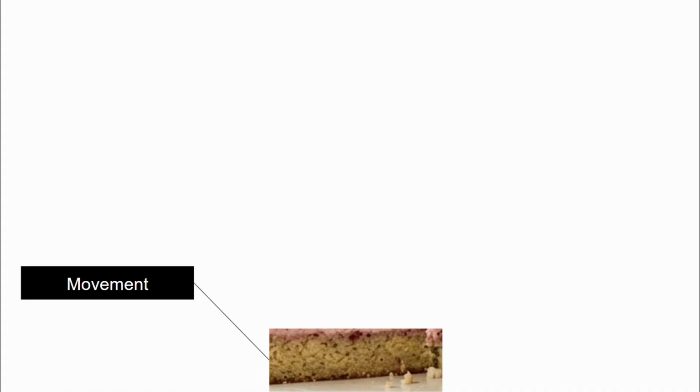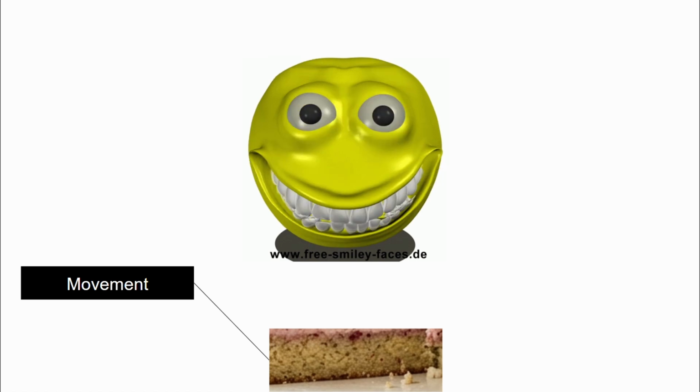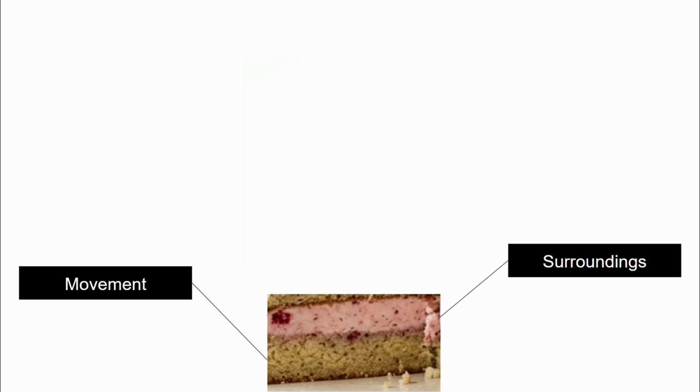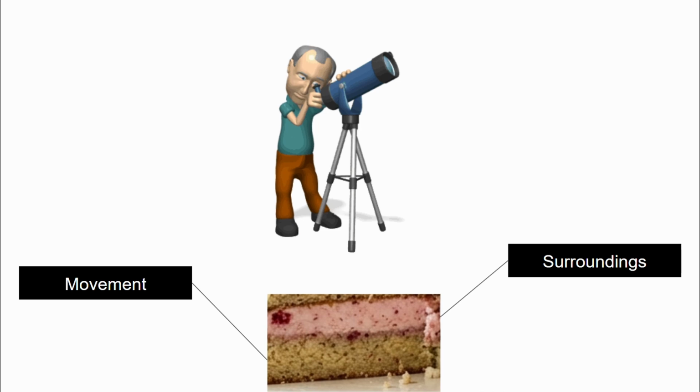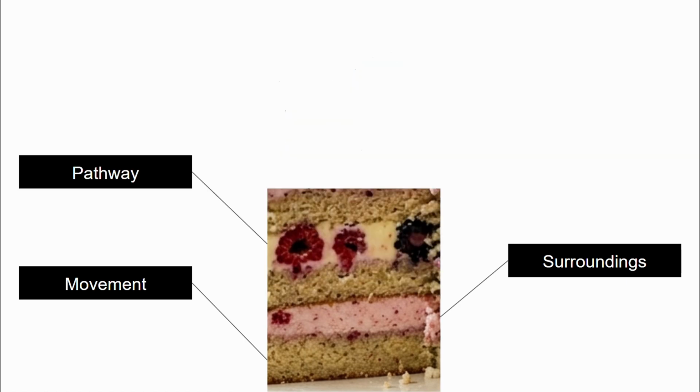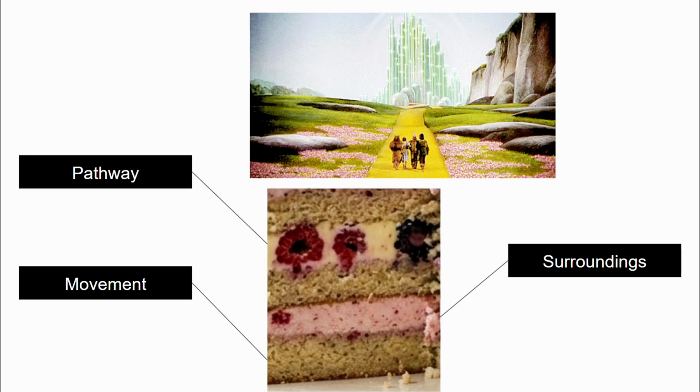We got the moving. First, we got move in this world, in our space. Then you see smiling, he's moving. Then we got the surroundings. We gotta see what's all around us, bro, in our space. We gotta see all the things, keep in control all the things around us. Then we got pathway.